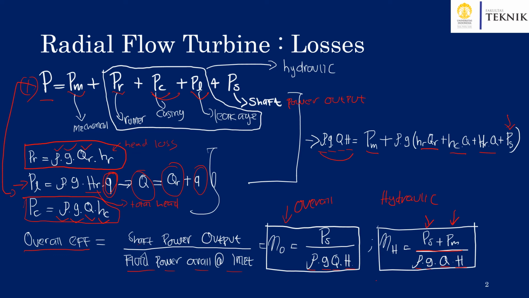Or the maximum hydraulic efficiency can be written as U1 multiplied with Cx1 divided by gravity multiplied with total head. So this is the maximum possible hydraulic efficiency, but this is the theoretical one, and this one is the maximum possible efficiency.